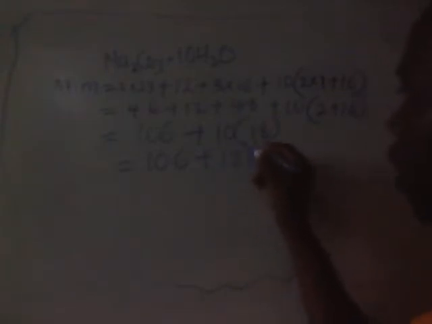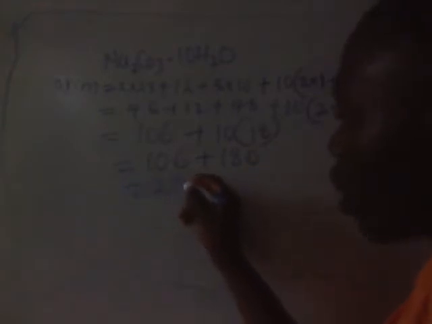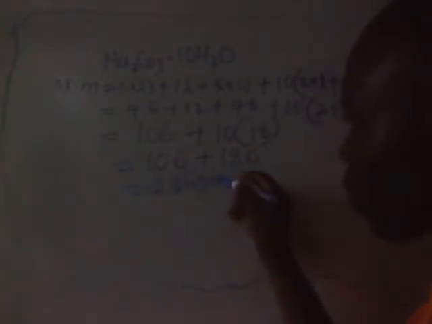Then plus 10 in bracket 2 plus 16, which is 18. 10 times 18 is 180. So 106 plus 180 gives us 286. So 286 grams per mole is the molar mass of sodium carbonate decahydrate, Na2CO3.10H2O.